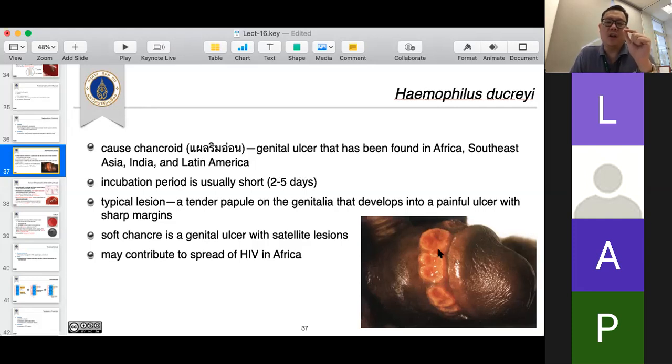That's chancroid. But if the edge of the lesion is hard, that's syphilis. Okay, the lesion of chancroid is painful, but the lesion of syphilis is painless. That's different. You will probably learn together when we mention this again.